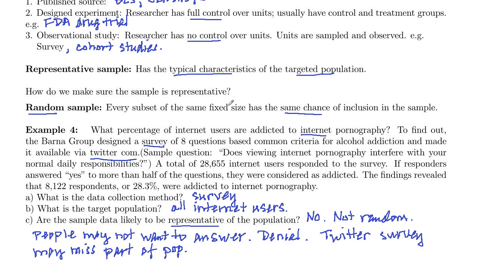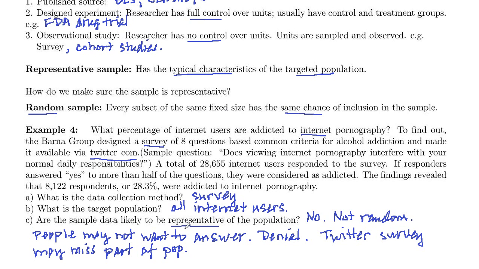So that might be a certain demographic. There's an awful lot of Twitter users nowadays. They've got over 100 million regular users, but not so long ago it was maybe only 20 or 30 million. So it might be more selective.